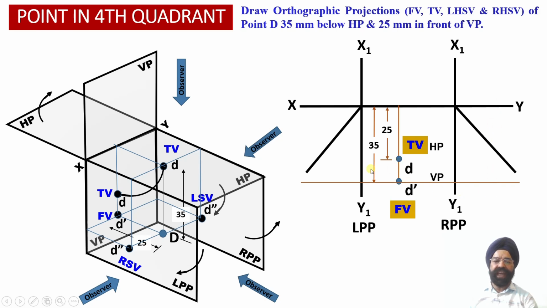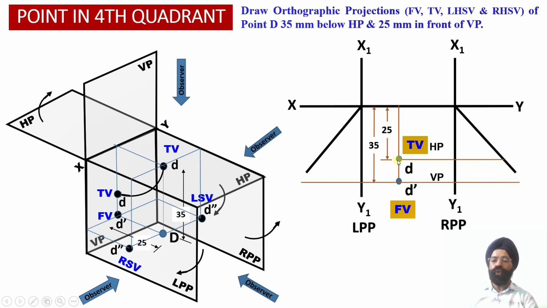We have also validated that the distance of the top view projection, and the left side view and right hand side view projections, is equal to 25 millimeter from the vertical plane. So now we know that point D is located at a distance of 25 millimeter from the vertical plane.